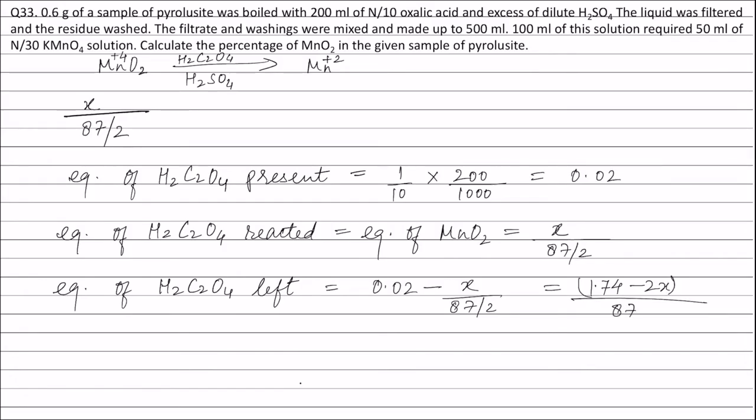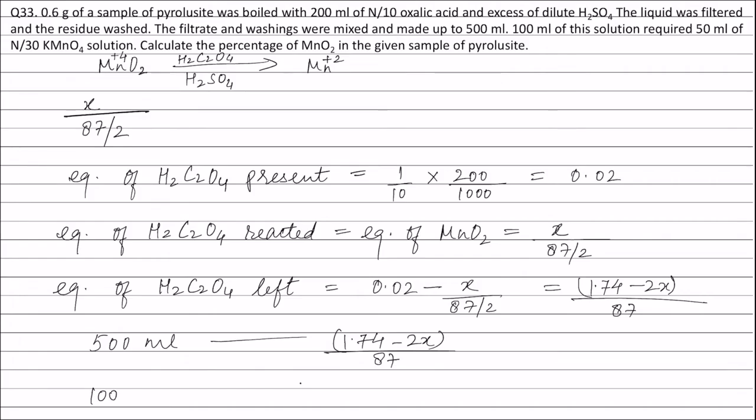Now, according to the question, the filtrate and washings were mixed and made up to 500 milliliters. Therefore, 500 milliliters of filtrate and washings contained 1.74 minus 2x divided by 87 equivalents of oxalic acid.